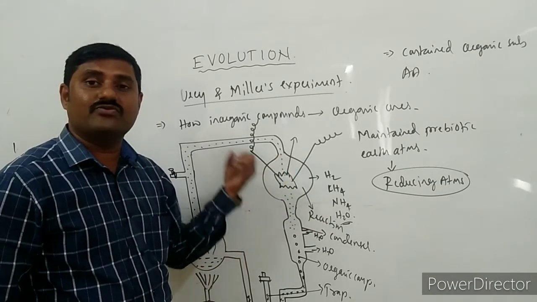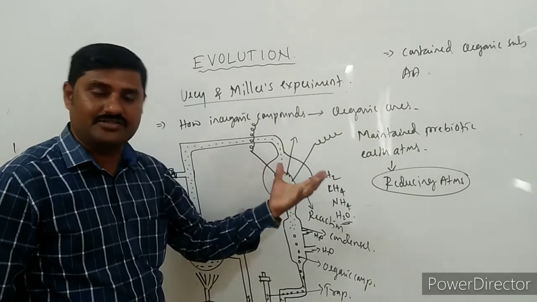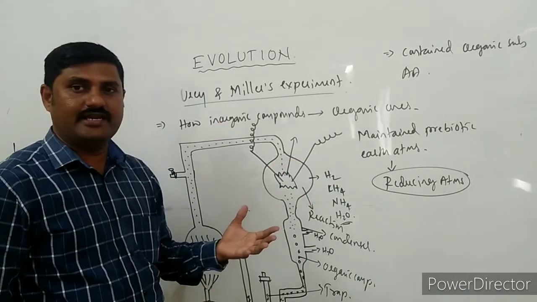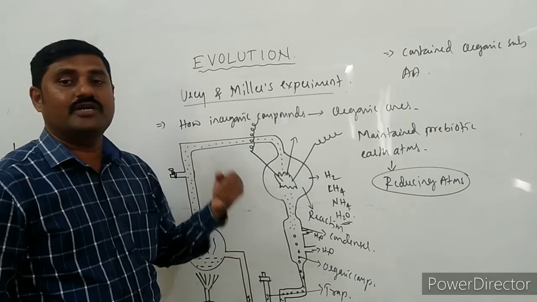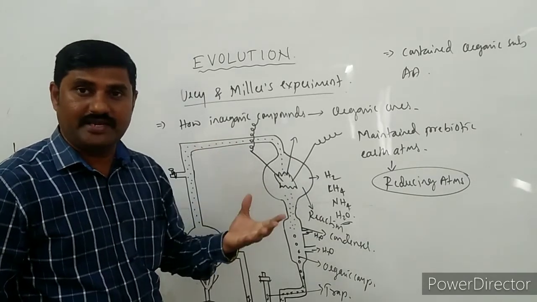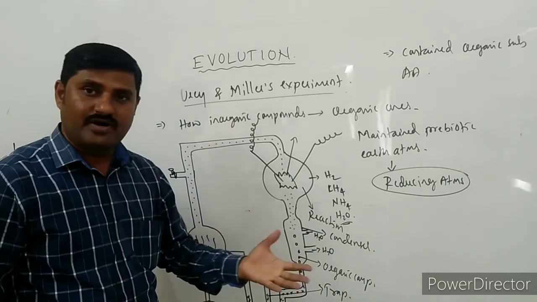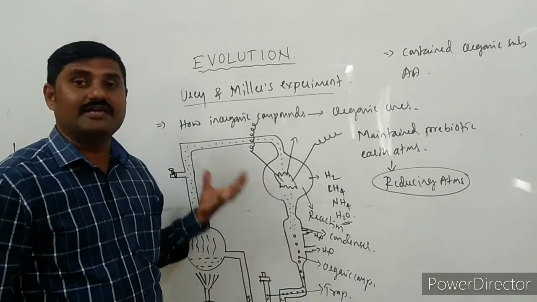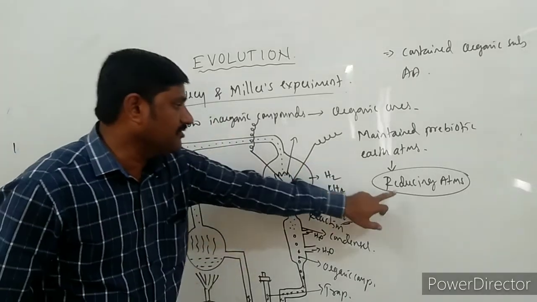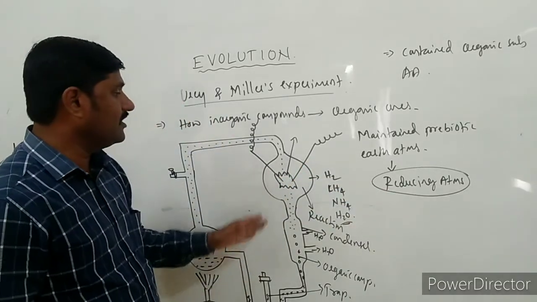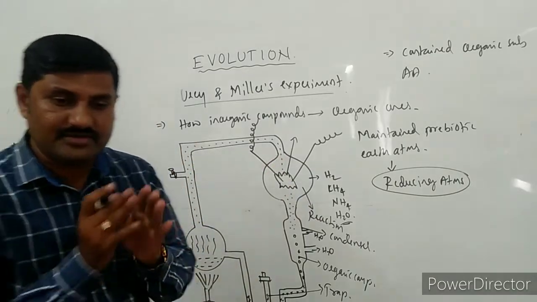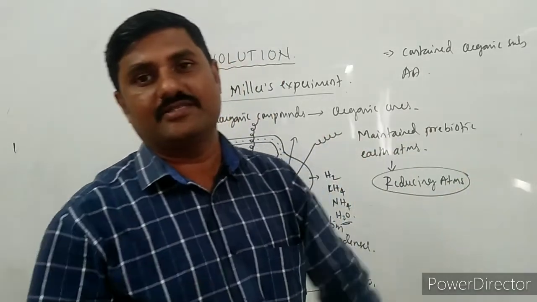Lightning is one source of energy, right? Geothermal heat was there as a source of energy. Volcanic eruption was taking place, which was also giving heat energy. Such energies are utilized in the reducing atmosphere to convert these inorganic components into organic components. It was very clear to Urey as well as Miller.